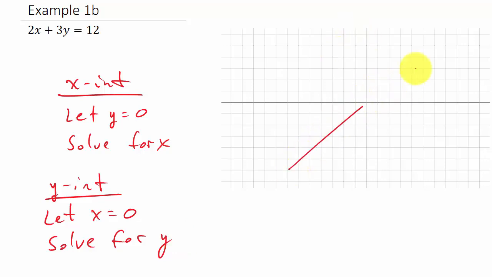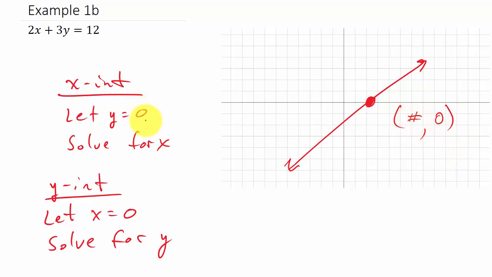Look, if we just draw a line here, there's the x-intercept, and if you look at that point's coordinates, you can see on the y-axis we didn't move up or down, did we? Your y is 0, and then as far as the x value, you have to figure that out.